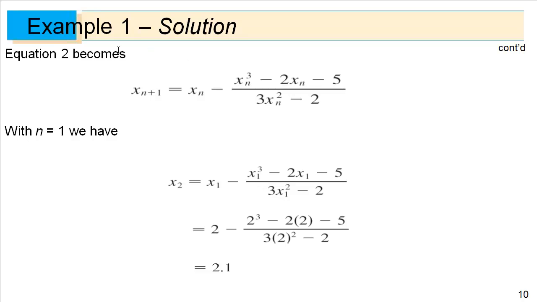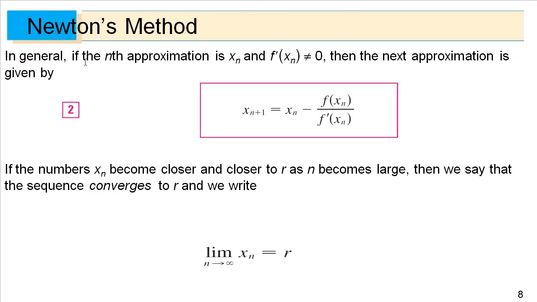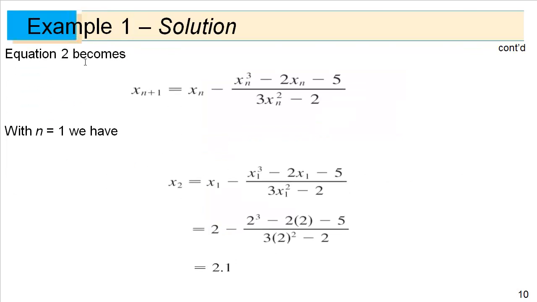Right, equation 2, which is the general equation, says each new guess is equal to the previous guess minus the function evaluated at that number over the derivative evaluated at that number. So if we start with n equals 1, and remember the function is really just the one on top, and that's the derivative.